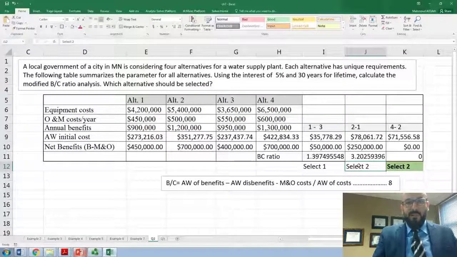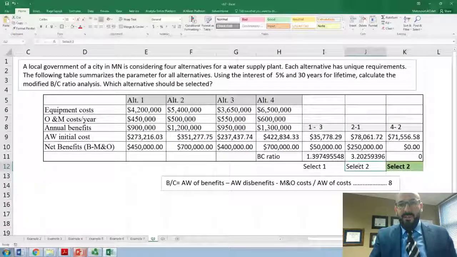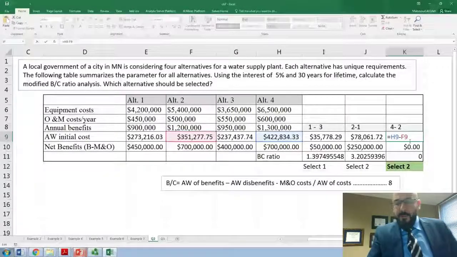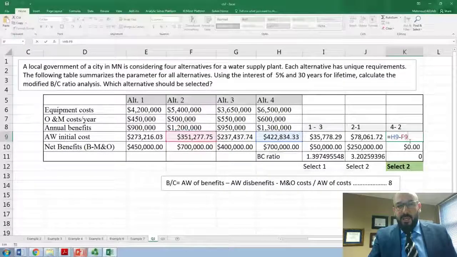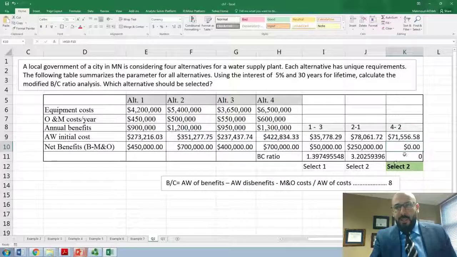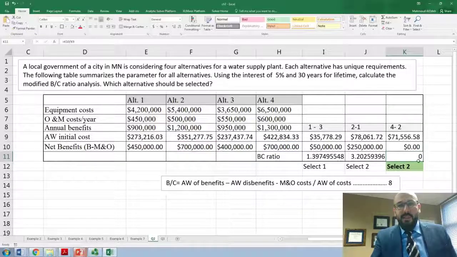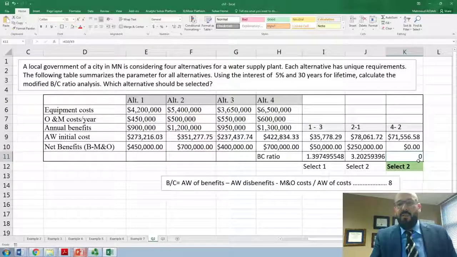Now that would leave us with 2 alternatives, 2 and 4, and we do an incremental analysis the same way. So we subtract 2 from 4 because 4 has the higher initial cost, and the same thing for the net benefit. 700 minus the 700 would be 0, and that would result in a 0 BC ratio, which is less than 1, and therefore we select the alternative that has a lower initial cost.